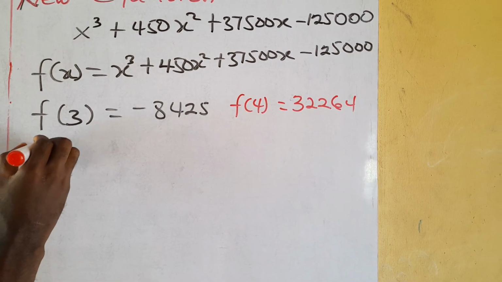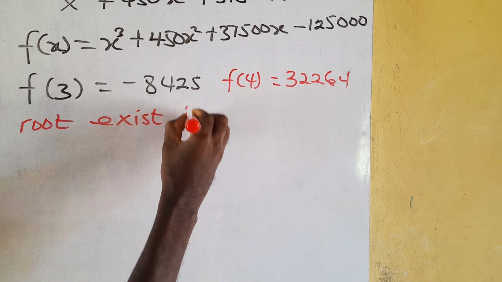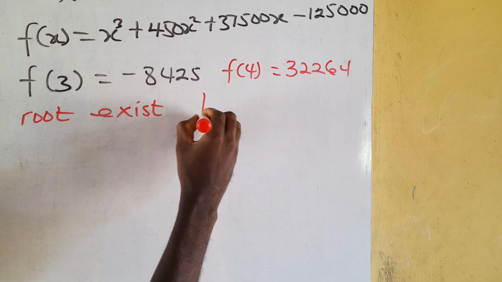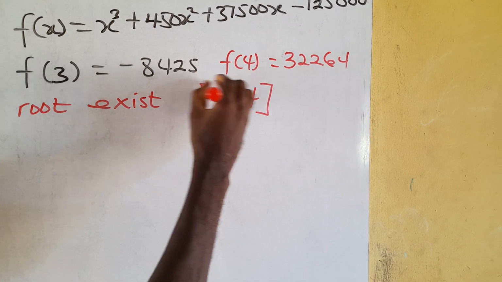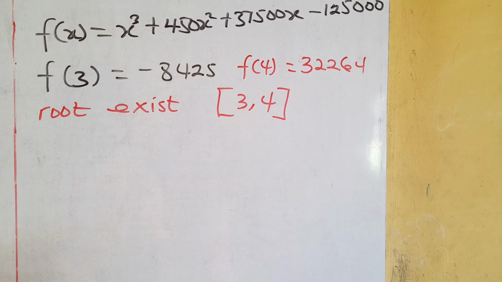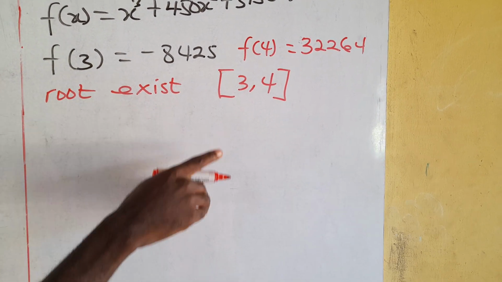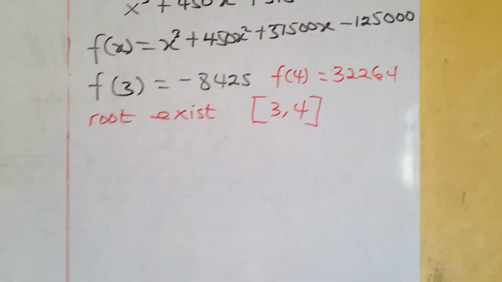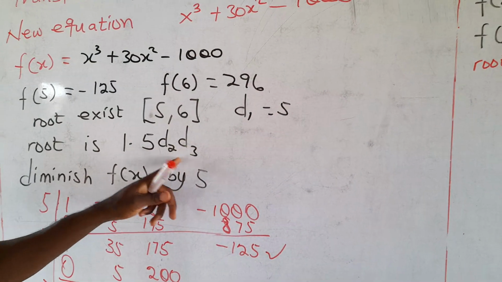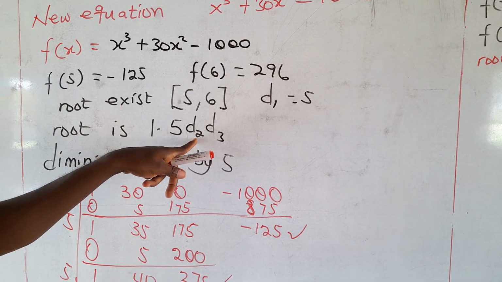That means a root exists within the interval 3, 4, closed. So automatically I will know that our D2 is 3. So remember, we're having 1.5 D2 D3. So we will replace the D2 now by 3.